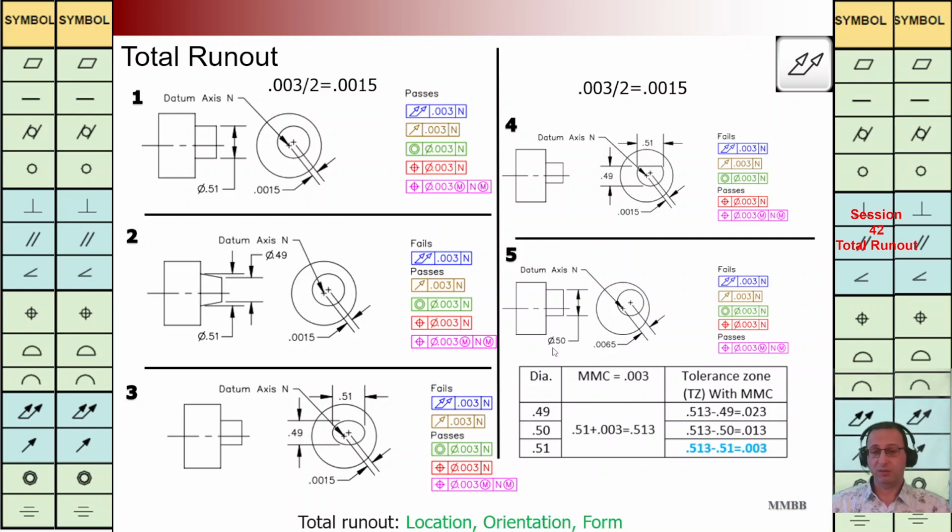The diameter is 0.5. For this, we can see the TZ is 0.013. We are going to satisfy this condition, and then it can pass by this positioning and having this modifier.